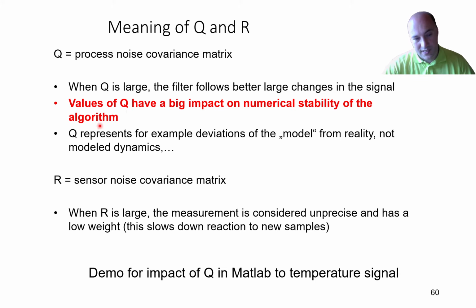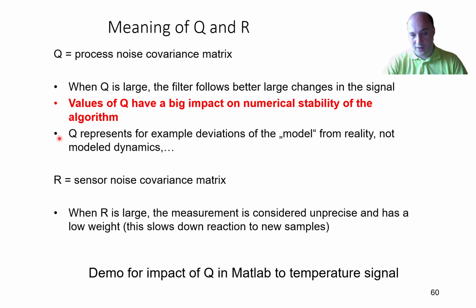And what does Q represent? Well, remember that we are creating a model, so it's some mathematical description of the reality, but the model is never perfect, so there is always some deviation between the model and the reality. So by introducing the Q value here, we say that there is really some difference between the reality and the model, and we are aware of this.